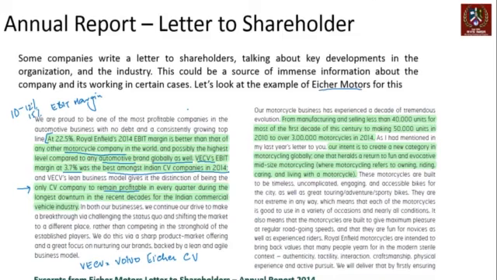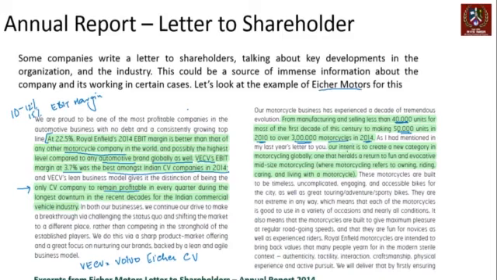What's said? Another part of the report says that from manufacturing and selling less than 40,000 units for most of the first decade, and making 50,000 units in 2010, they now sell more than 3 lakh motorcycles in 2014. So what used to be 50,000 in 2010 has become 300,000 or 3 lakh in 2014.